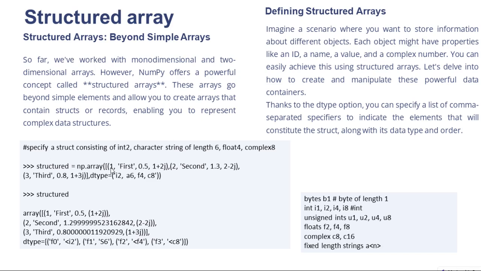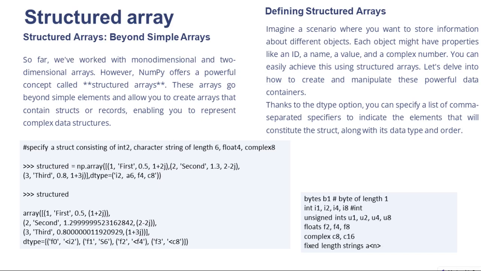As you can see here, the first item in the row is an integer, the second item is a string, the third item is a floating point number, and the last one is a complex number. So that's why we can say that structured arrays are arrays that contain structs or records that can represent complex data structures. So let's take a scenario of what kind of structure we want to create.